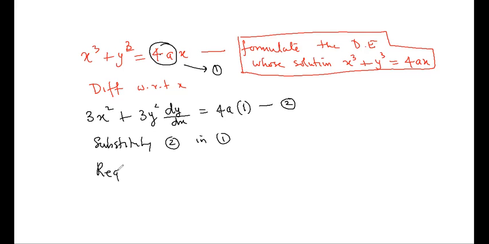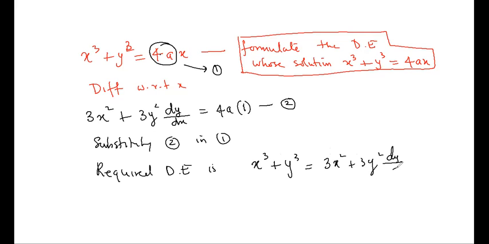The required differential equation is x cube plus y cube is equal to, instead of 4a, what should I write? 3x square plus 3y square dy by dx. This is 4a. 4a into x, so I put an x here. So x cube plus y cube is 3x cube plus 3xy square dy by dx.